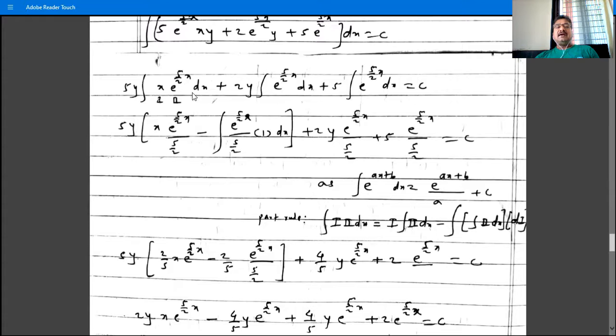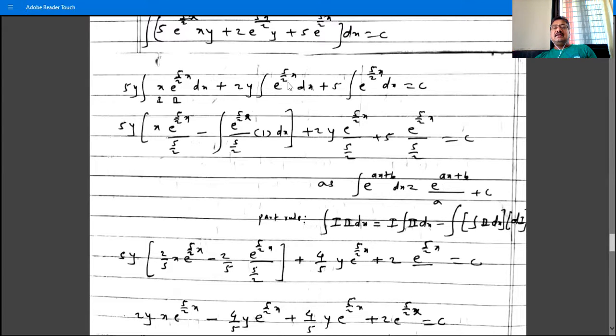Then 5y, and this is the integration by using the by parts rule. So x is first, the exponential function is second. First, the integration of the second, e raised to 5 by 2 x, is e raised to 5 by 2 x divided by 5 by 2. So this is the rule: the integration of e raised to ax plus b dx is e raised to ax plus b divided by a, plus a constant.